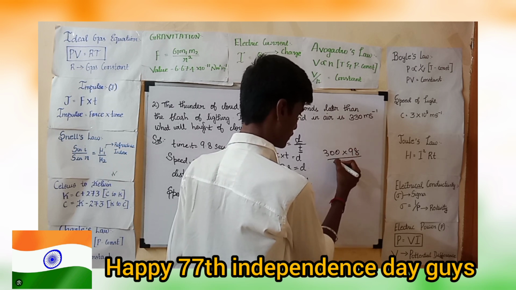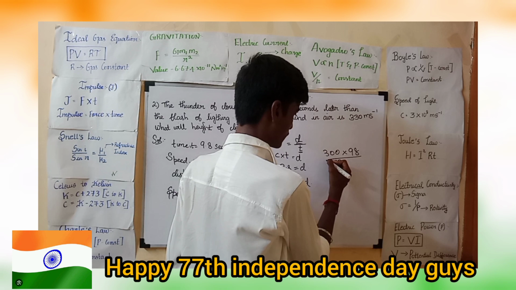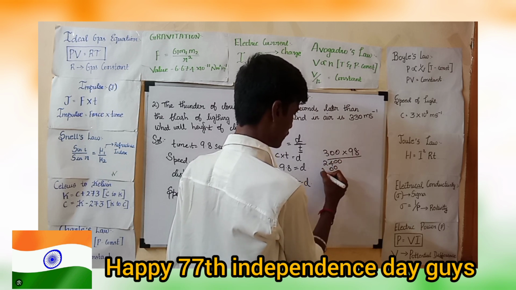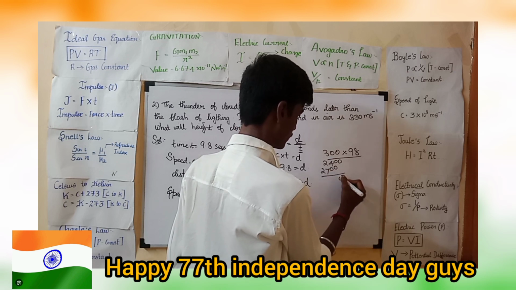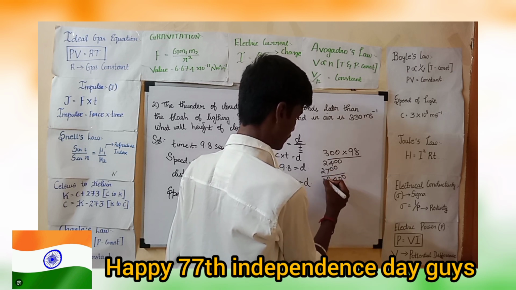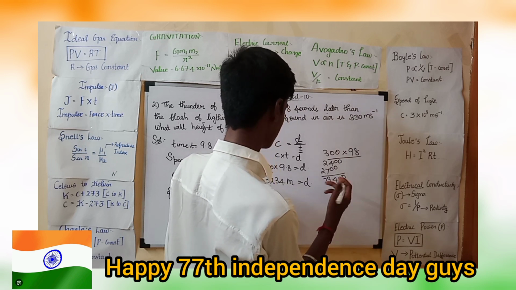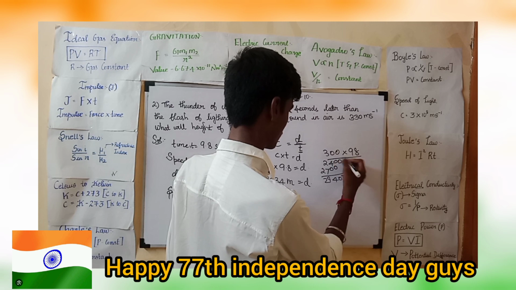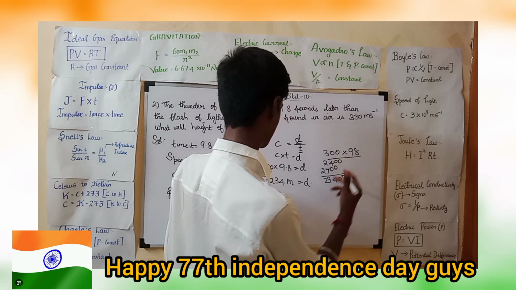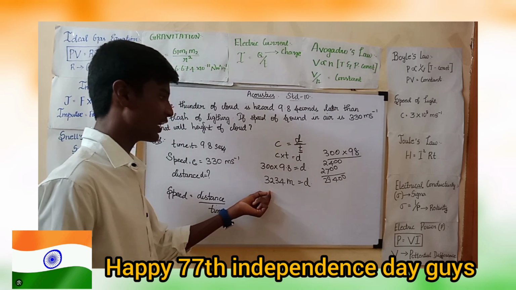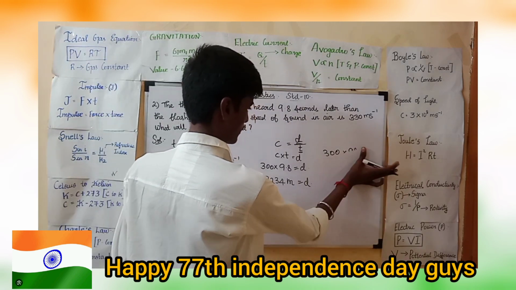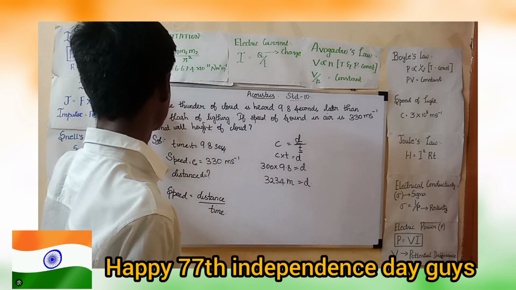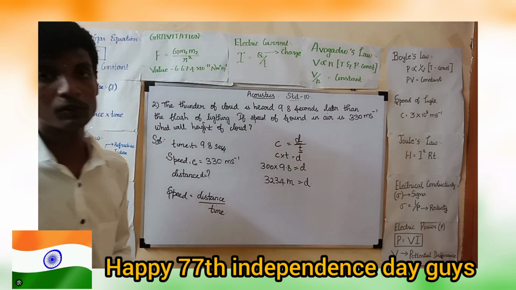Okay, I hope it is the last answer. By multiplying this we get this answer. This is the answer for the second question. Then we move to the third question.